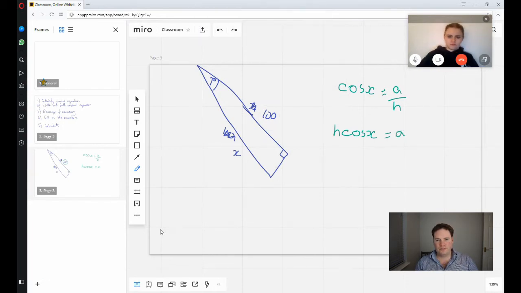So we want the hypotenuse, H. Right? Right.